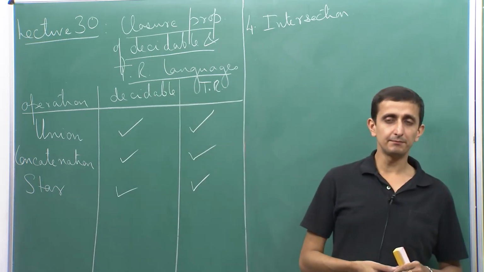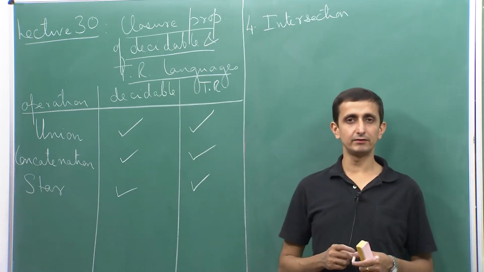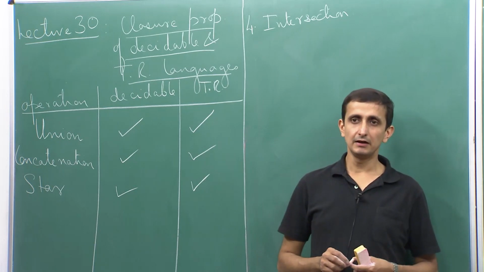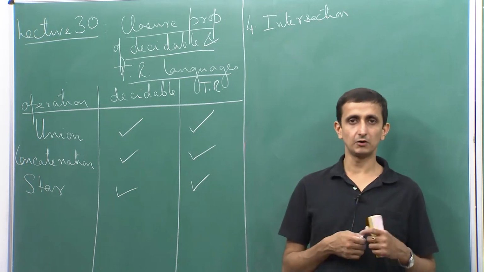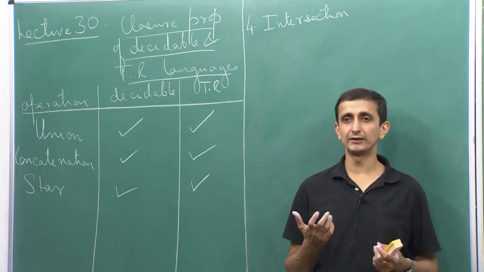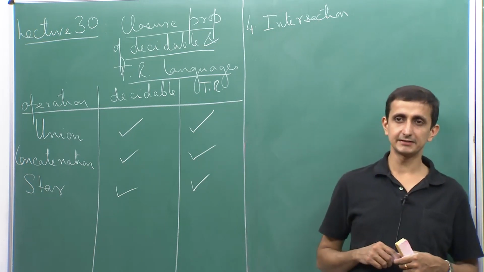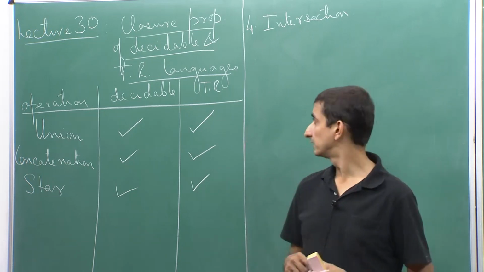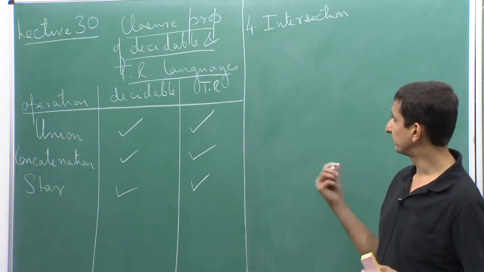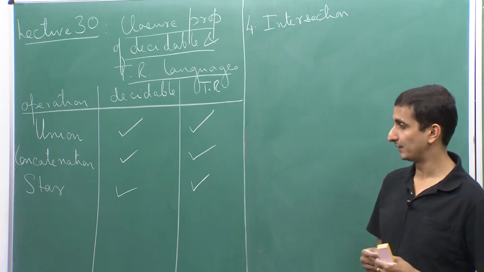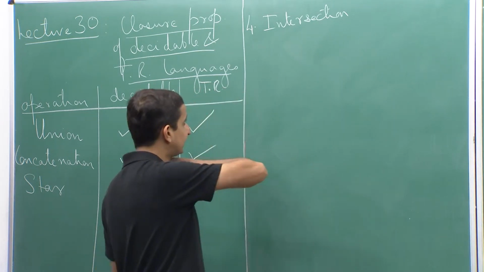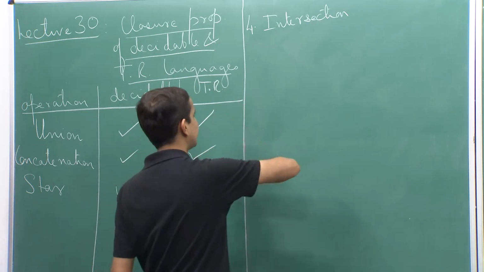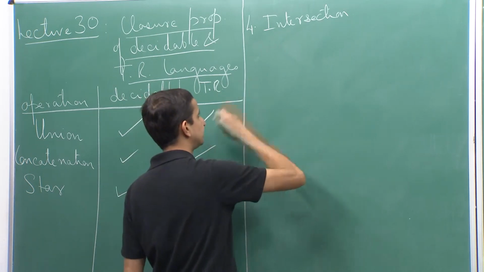Remember that of course, regular languages are closed under intersection, but context free languages were not closed under intersection with context free languages. We only know that context free languages are closed under intersection with regular languages. So, what happens in the case of decidable and Turing recognizable languages? Let us look at Turing recognizable. Here actually the scenario is much better.